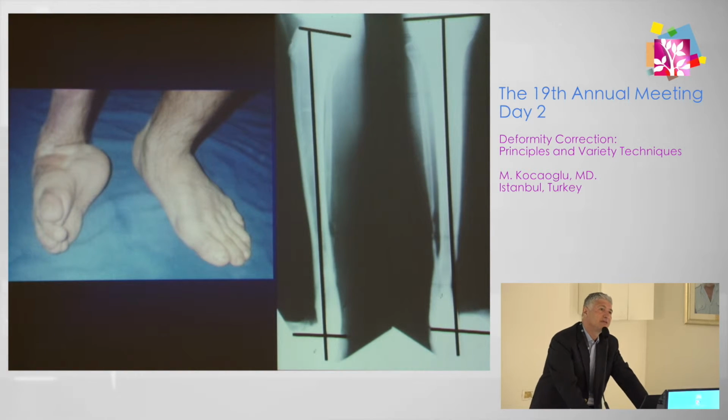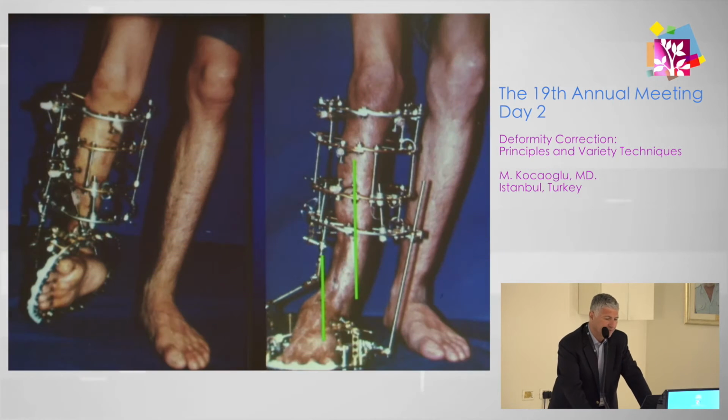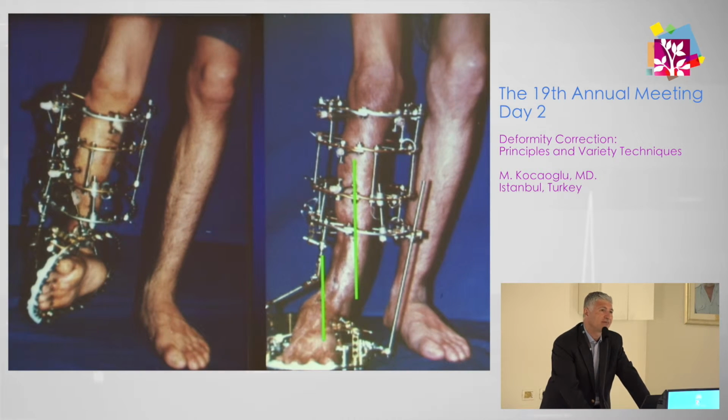Another patient, for whom I can use the Ilizarov for correction, has a neglected clubfoot. So I decided to make a supramalleolar osteotomy and correct it gradually with an Ilizarov-type fixator. You see different steps of the Ilizarov. At that time, I only had a device for the Ilizarov, not the smart frames, the hexapods.